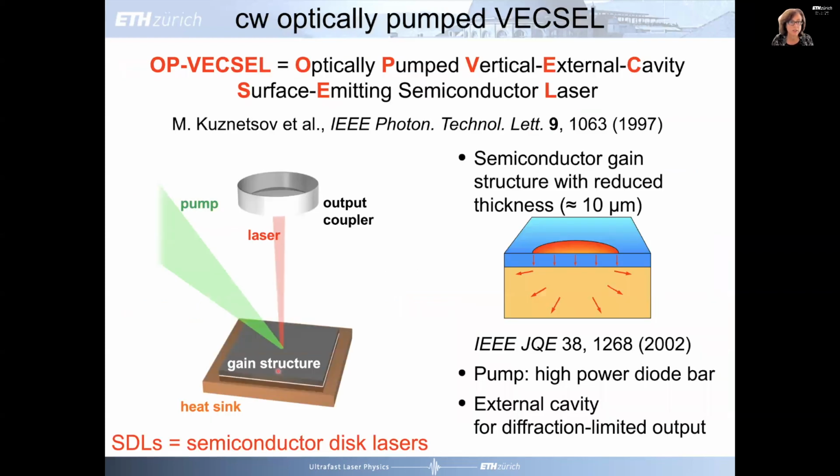The key is, you have your gain structure, your optically pumped semiconductor VECSEL chip here, and your external output coupler. The gain chip is only 10 micrometers thick, so you can scale the power by opening up the mode size on the gain chip, and power up to 100 watts has been demonstrated.